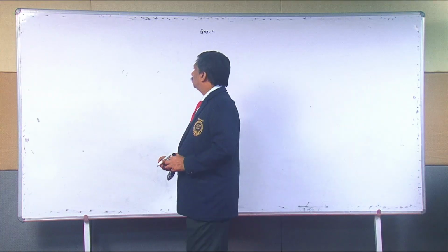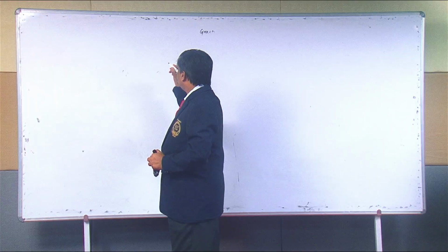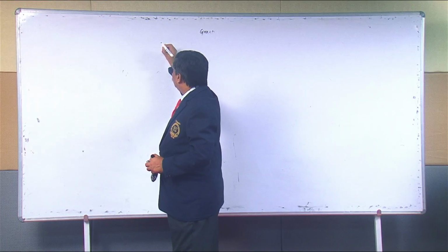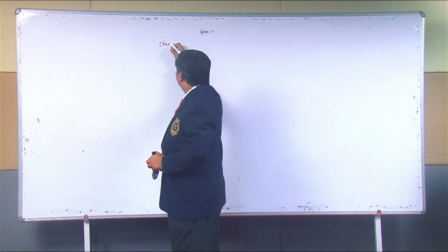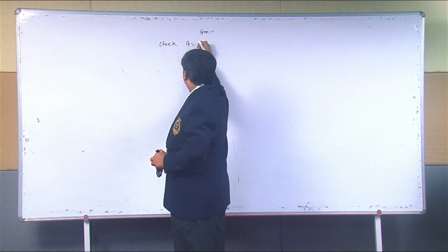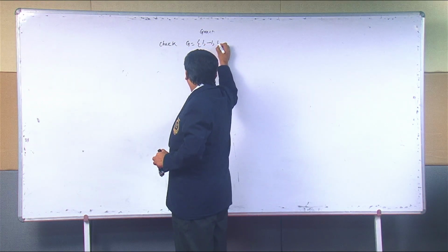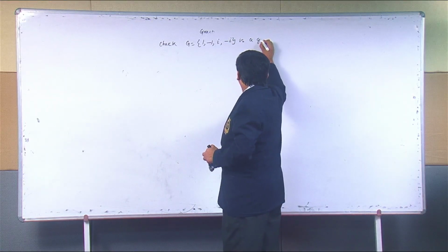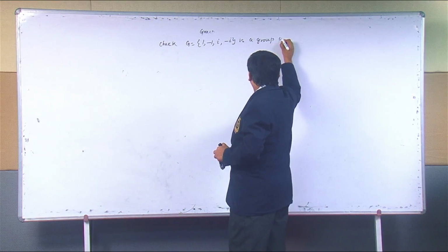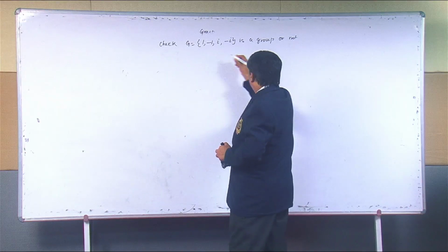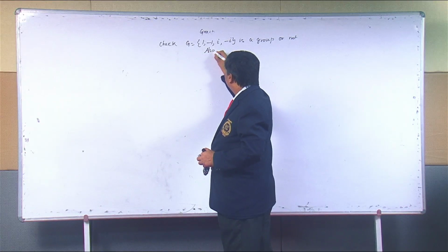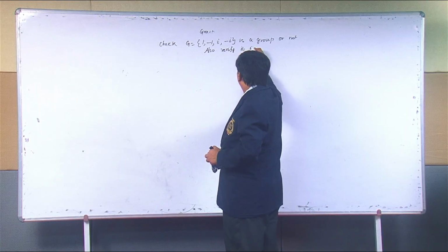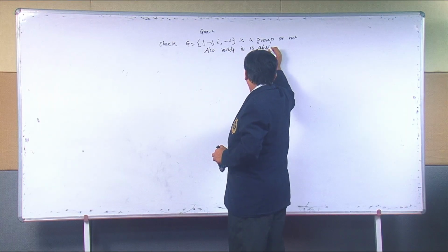Suppose I want to check whether G equal to 1 comma minus 1 comma i comma minus i is a group or not. Also verify whether it is abelian or not.